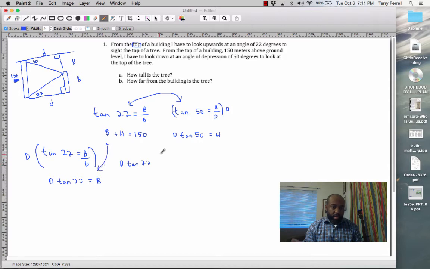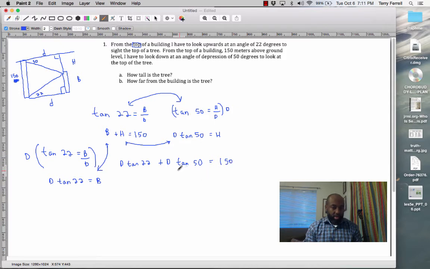And now plus H, which is this expression here. It's going to be D tangent of 50 equals 150. You can solve this.